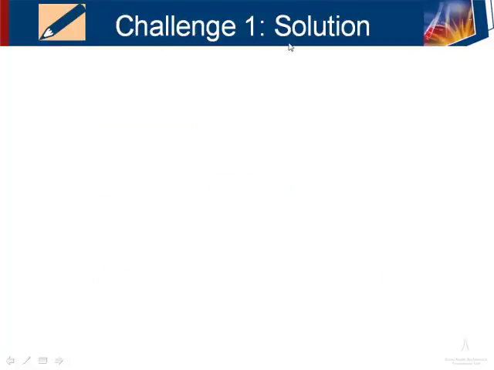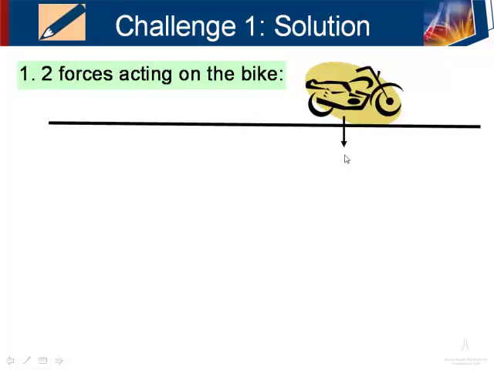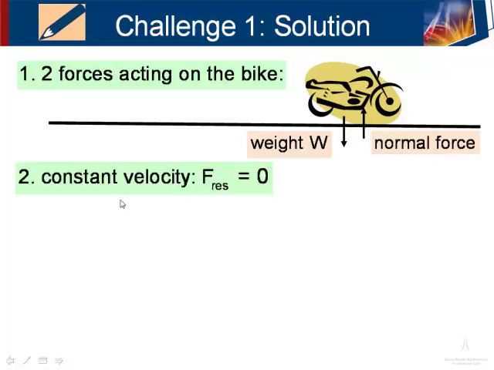Let's look at the solutions to challenge 1. Let's hope you got this correct. Write the two forces acting on the stationary bike. The force downward is the weight, and the force upward we call the normal force. The second question, remember, it's a constant velocity and there is no acceleration.